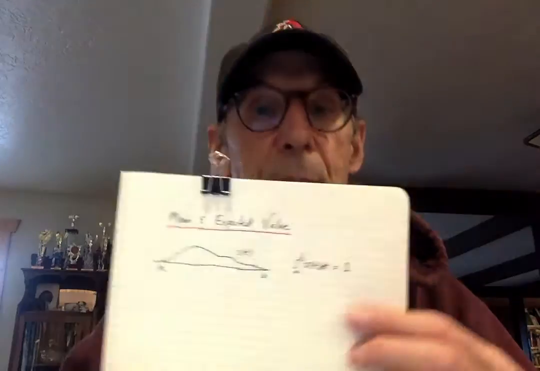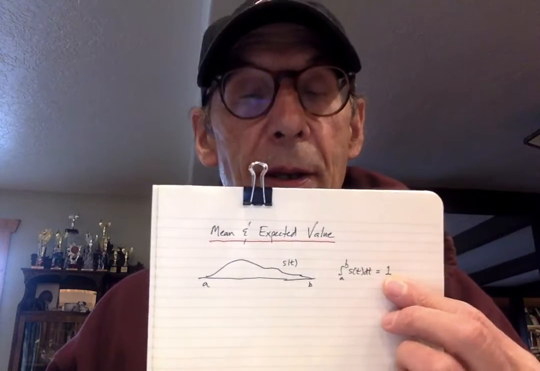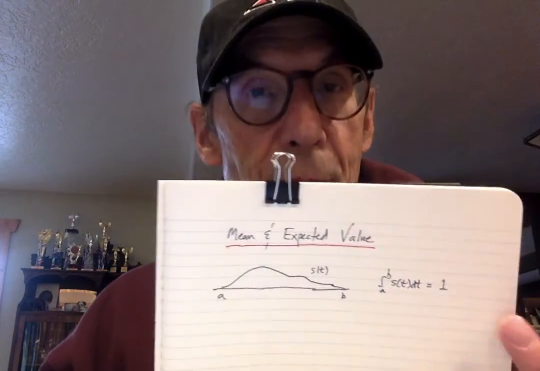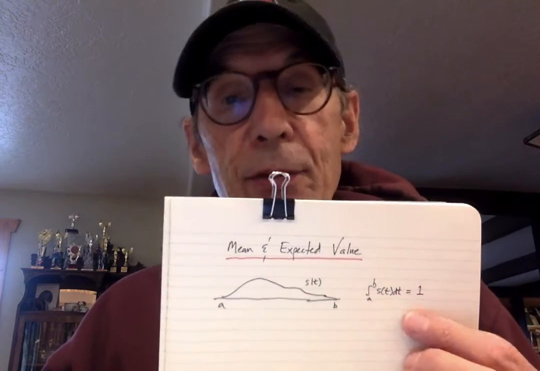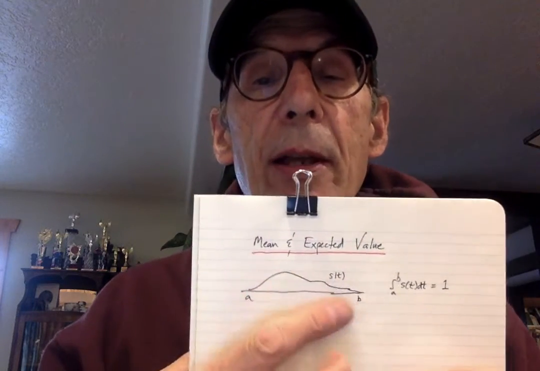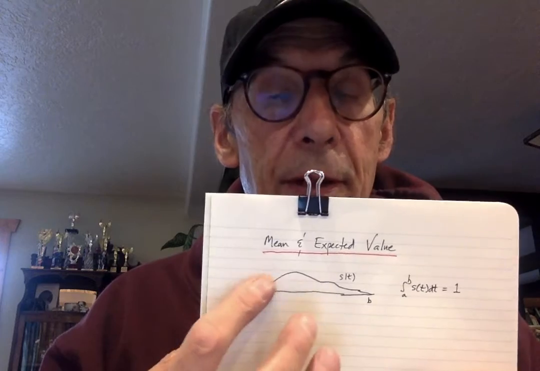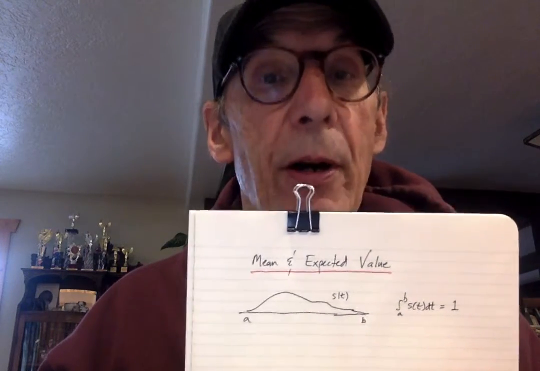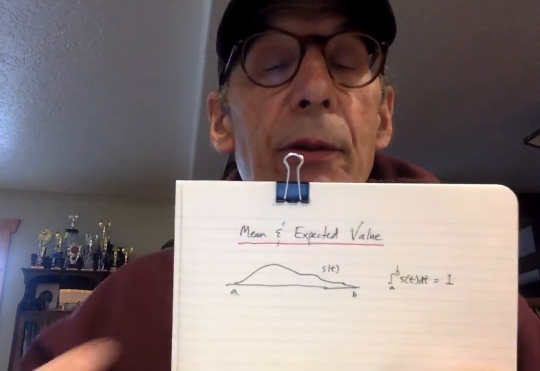So that kind of makes it hard to figure out whether something's a distribution. You have to integrate it and see if you get 1. If you get 2, you just divide it by 2, and then the integral is 1. So that's the area, because the distribution function is always positive, and the integral is 1.